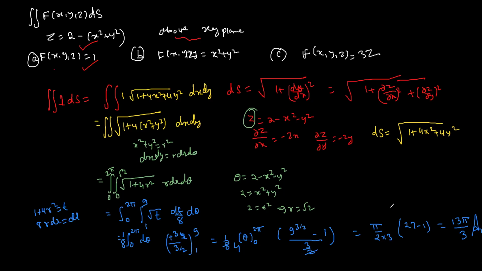Okay. Now see, the second part is the function x square plus y square. The limit will be the same, only the function will change. So what do you do here?